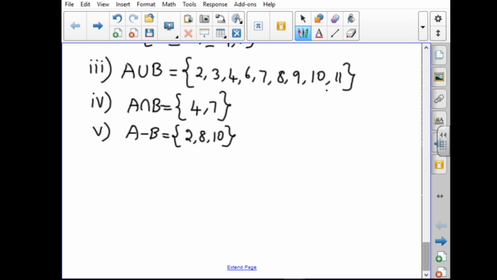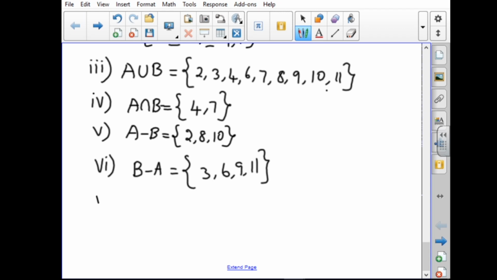Or otherwise, you can use the formula method. And the sixth one, B difference A. In the Venn diagram, the elements are 3, 6, 9 and 11.